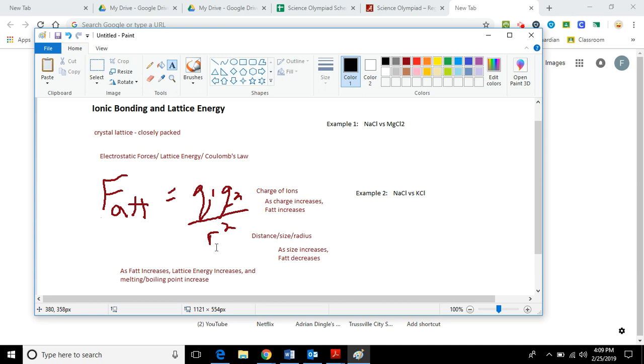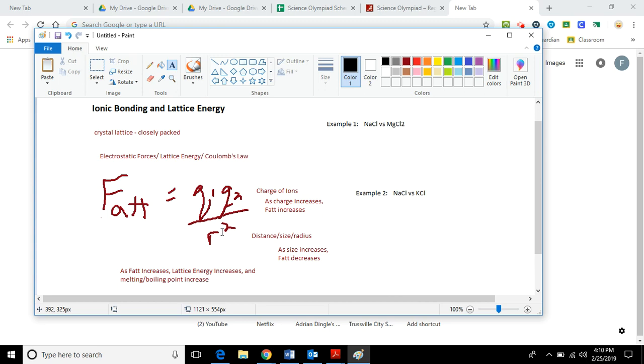The r represents your distance, your size, your radius, and we all learned this from the atomic structure unit. Because they have the same charge, we look at distance. The relationship is that as size increases, our force of attraction decreases. And of course, if force of attraction decreases, then our lattice energy decreases as well. Our melting points and our boiling points will decrease as a result also.